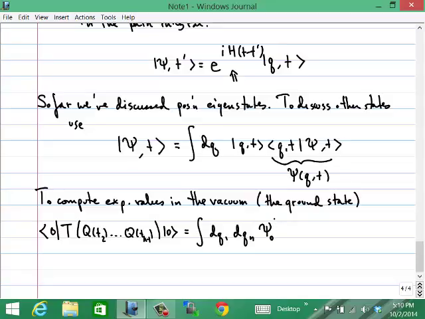function at times T1 and Tn. And I have this complex conjugation here because, sorry, I guess that would be a Tn, and this would be a T1.